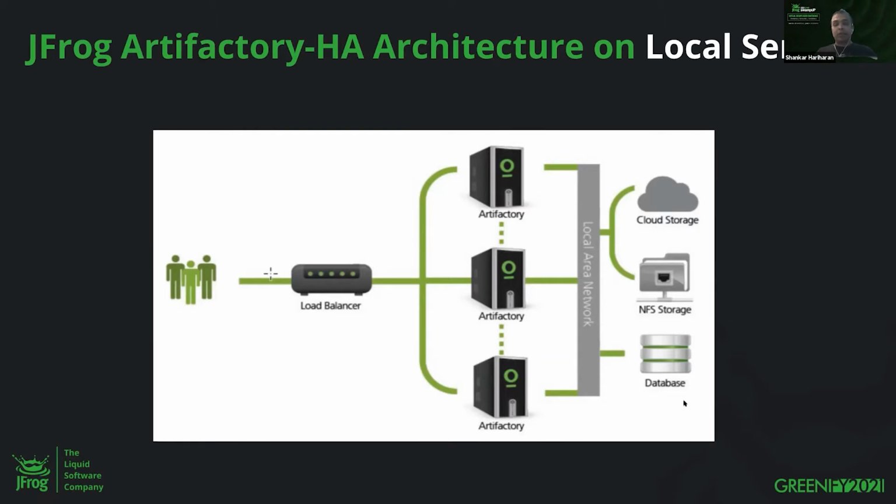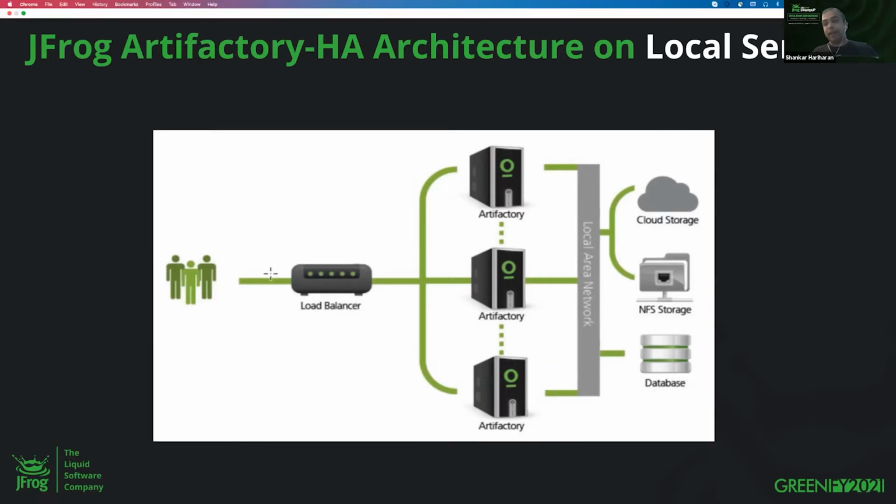It also allows you to minimize your maintenance downtime. With all of these aspects, we're going to focus on how we can benefit from Cloud Volumes Service as one of the storage solutions in this JFrog HA architecture.